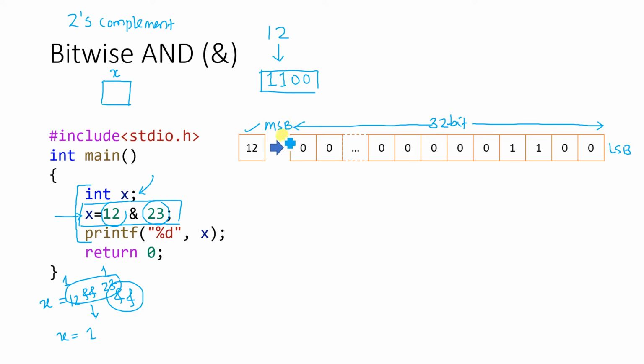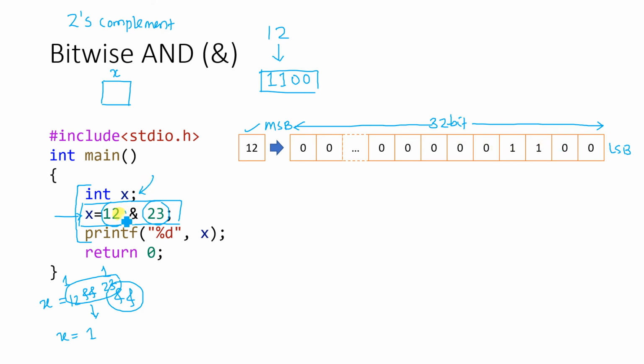It does not require you to remember all these things, but you should understand that whenever we want to store 12, which is 1100 in binary, I have to write 1100 over here, and the remaining bits, out of 32, how many bits are there? 28 bits. The remaining 28 bits will be represented with 0. Okay, so all these are 0 now. So 12 has been represented in this manner.